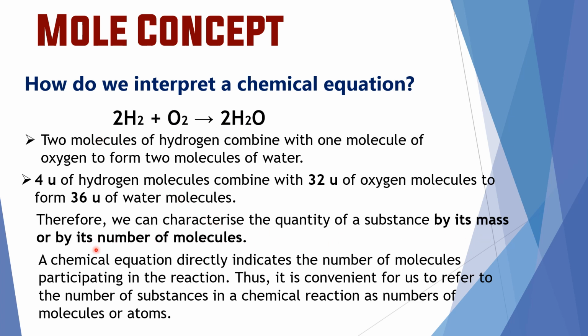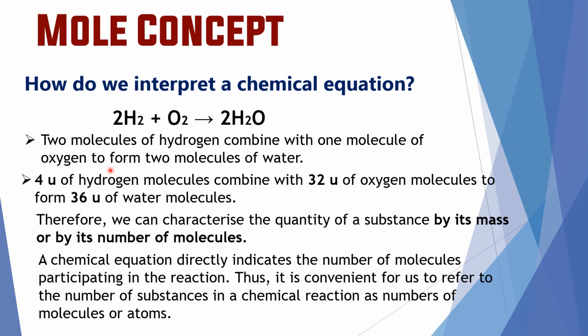One way is by number of molecules: 2 molecules of hydrogen with 1 molecule of oxygen to form 2 molecules of water. The other way is by mass: 4 U of hydrogen combined with 32 U of oxygen to form 36 U of water.